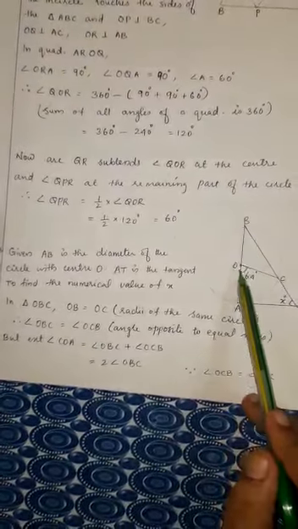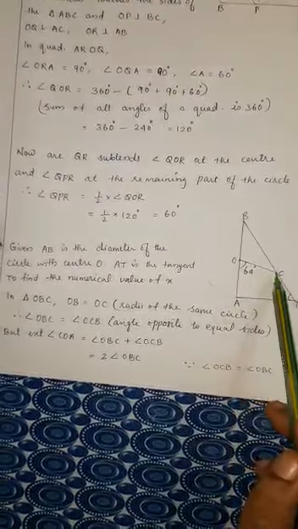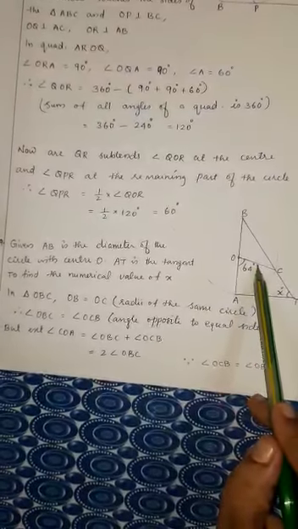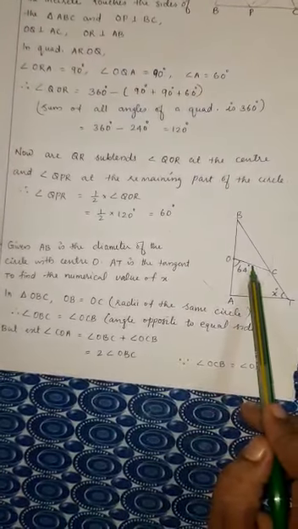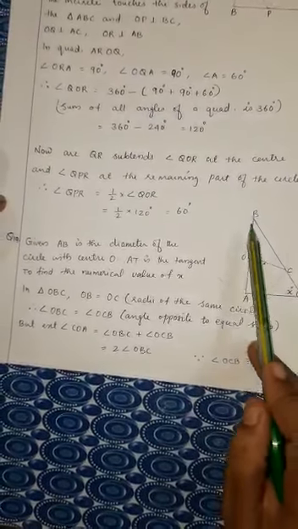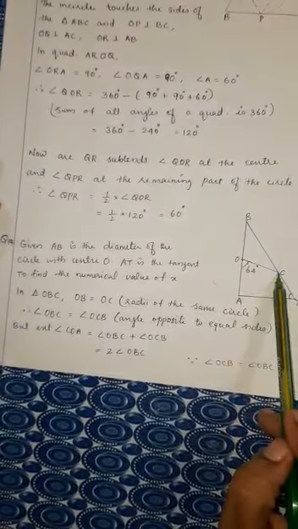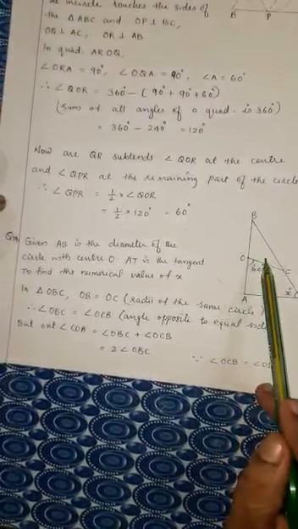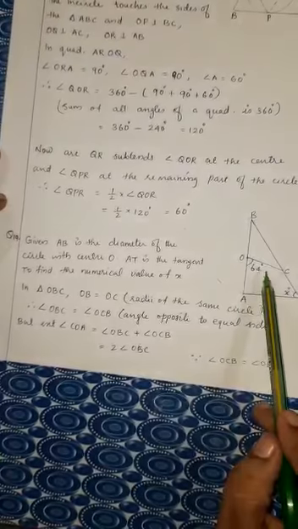In triangle OBC, OB is equal to OC, radii of the same circle. Therefore, angle OBC equal to angle OCB, angle opposite to equal sides.